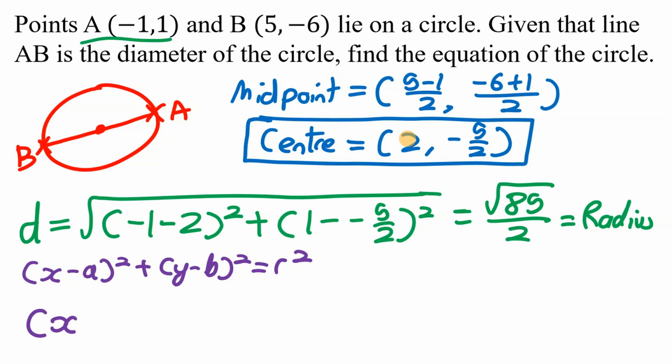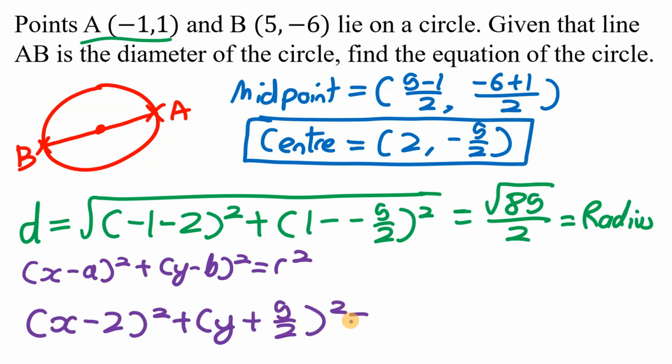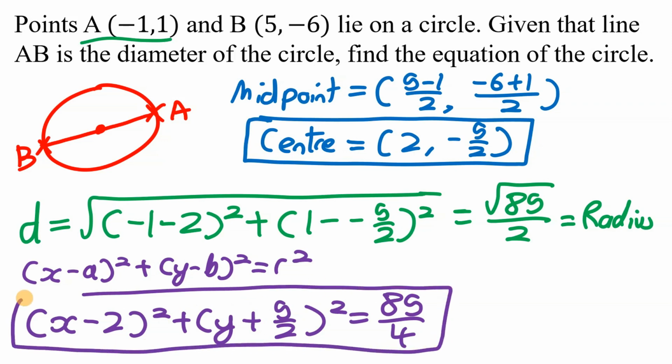So a is 2, so it's going to be (x - 2) squared, plus y, and then b is -5 over 2, so this is now going to be plus 5 over 2, squared, is equal to r squared. So we have root 85 over 2 here, so we need to square this. So this is going to be 85 over 4 if you put it into your calculator. So this here is the equation of the circle.